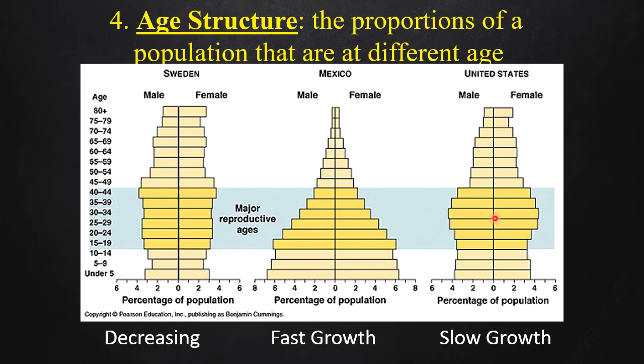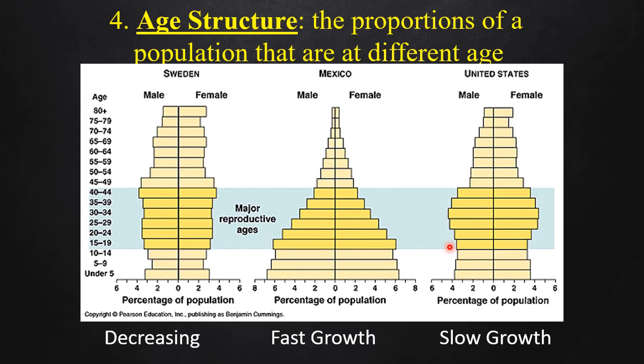We are more of a slow growth country, meaning that our population age structure diagram is more balanced. Yes, we are slow growth, and we're kind of flirting with decreasing, as the number of kids we're having in our country is decreasing per person. In the past, we produced about 2.3 kids per couple.